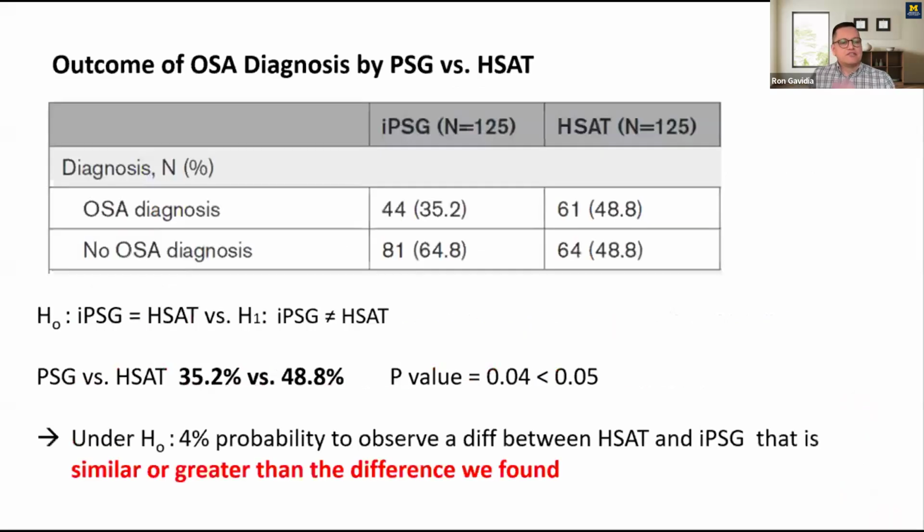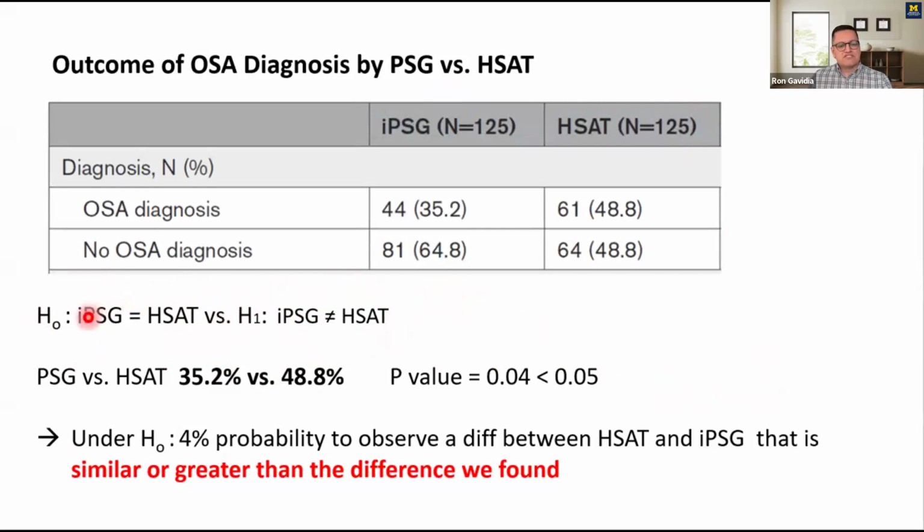Advancing. Okay, so let's look at this example. Here we have this 2x2 table, and we are comparing the OSA diagnosis based on the PSG versus the home sleep apnea test. The hypothesis that we're trying to test here is that there is a difference between the diagnosis of the PSG versus the home sleep apnea test. That's the alternative hypothesis. But we also have a null hypothesis.